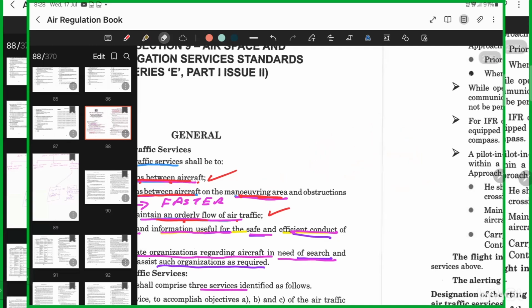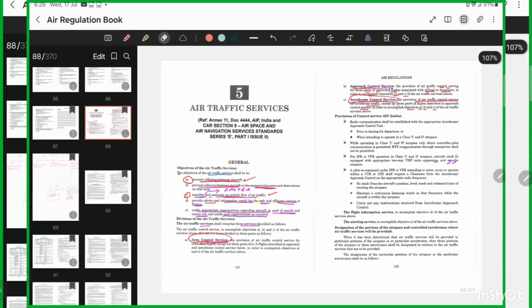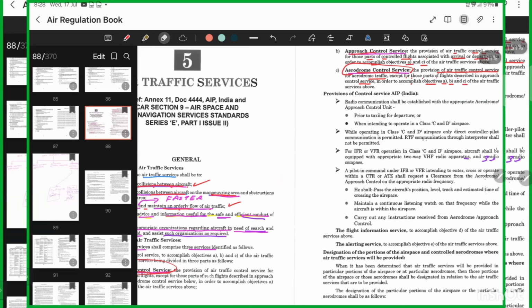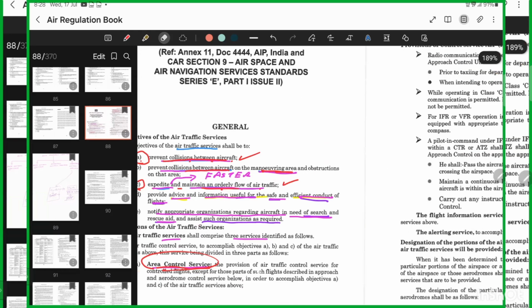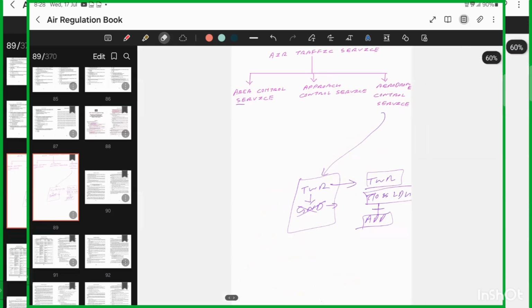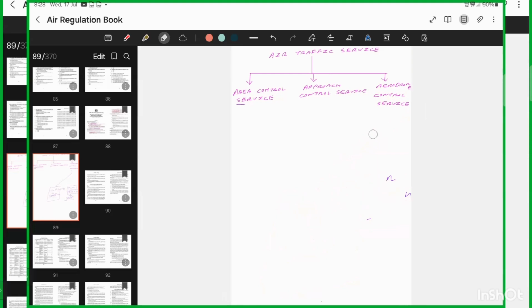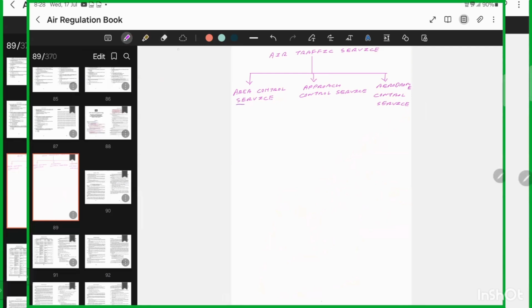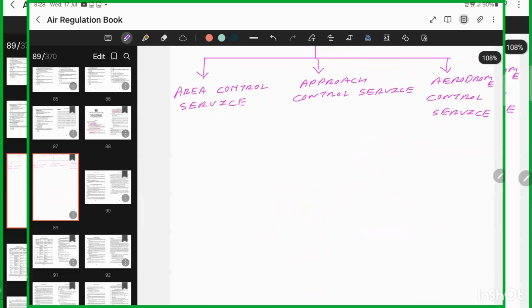So objectives A, C, and B. B is the extra one. Now, how have you marked the numbers for the objectives of air traffic control service? A, B, C, or 1, 2, 3? All of you marked A, B, C? Okay.